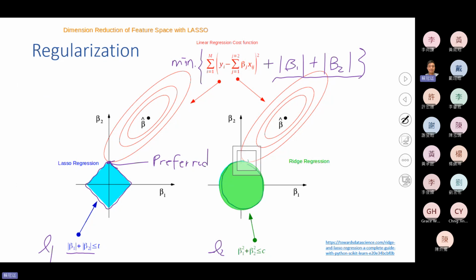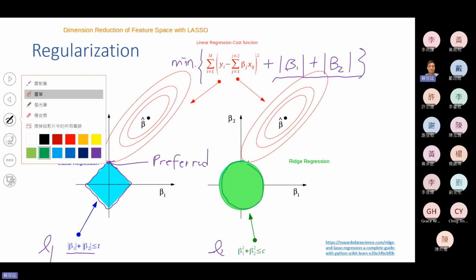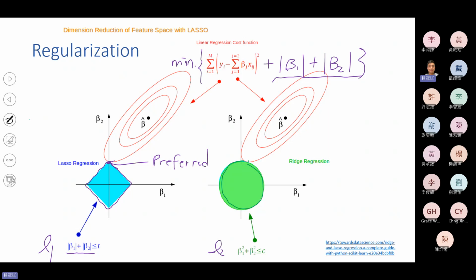In this picture, you can see that the L1 norm will prefer more zeros in the weights. The L1 regularization term has more zero weights.